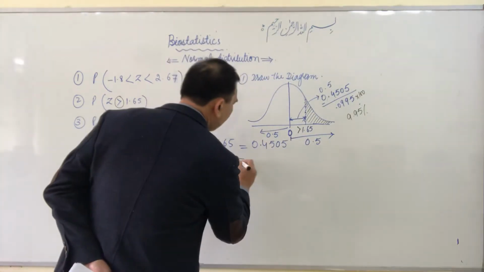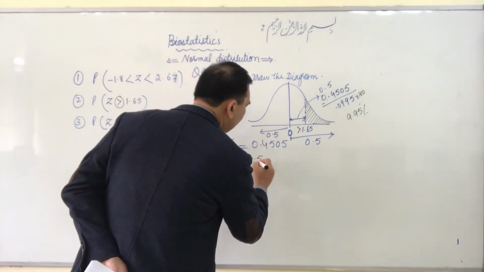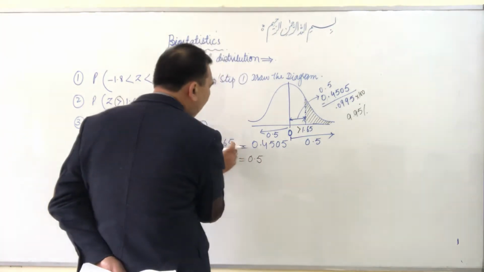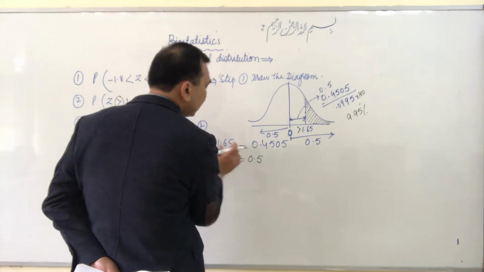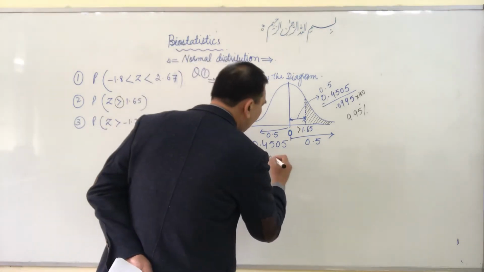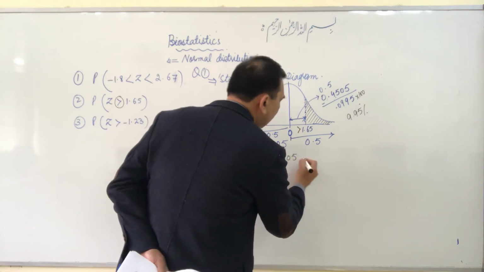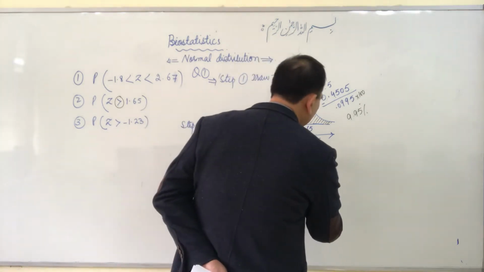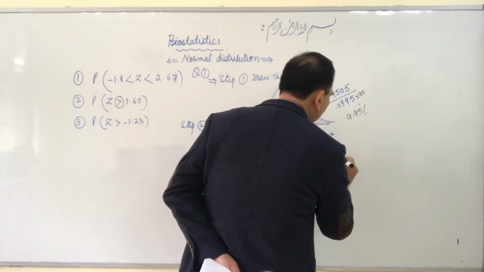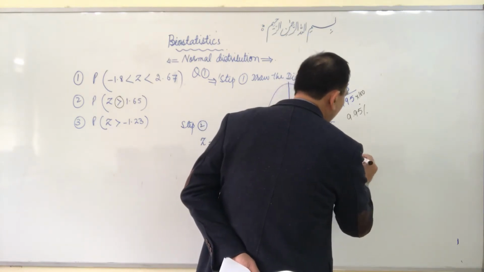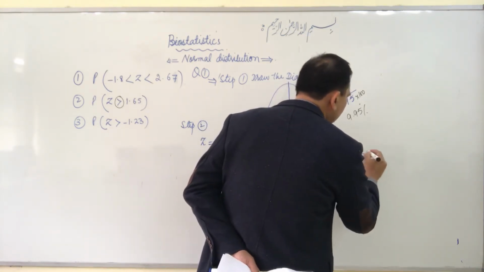So what we will do? We subtract the value of 1.65 from 0.5. Then it will be 0.0495 or 4.95%.